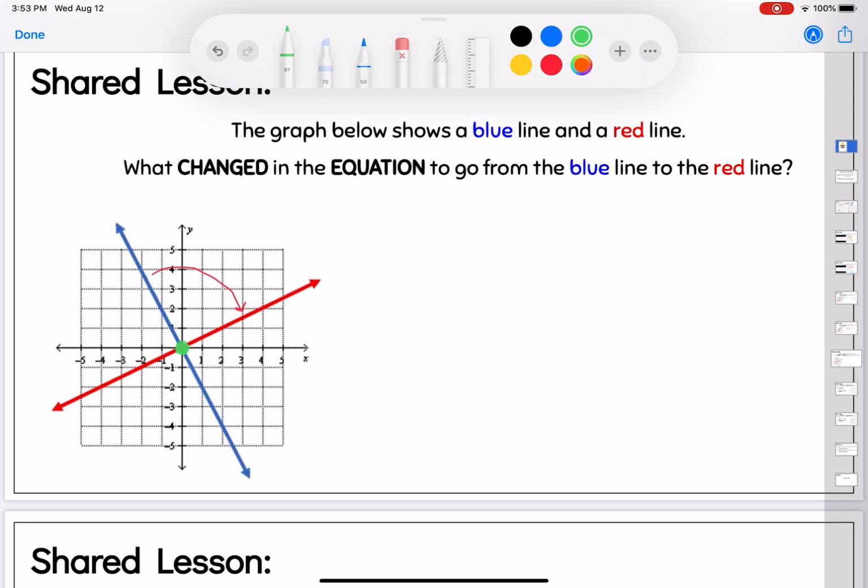But here I would say, wow, my slope has changed a lot, right? The blue line is pretty steep, although it is negative. The red line is a little bit flatter, but it is positive, right? So I can't really say increase or decrease, but the red line is definitely flatter, which means that my slope has gotten closer to 0.